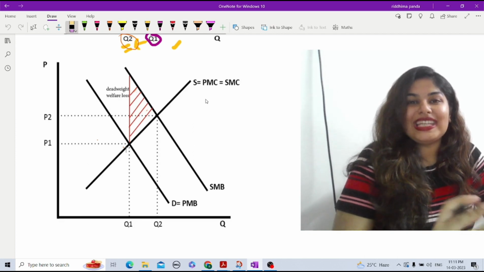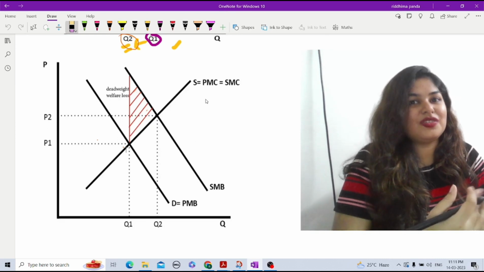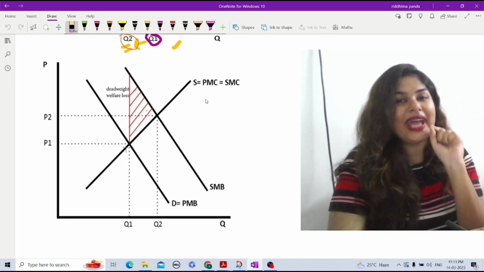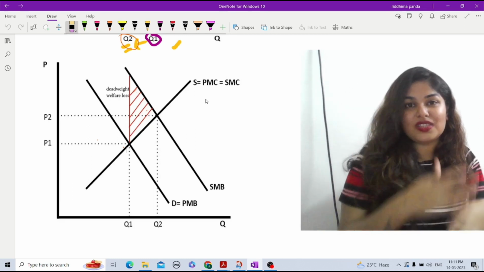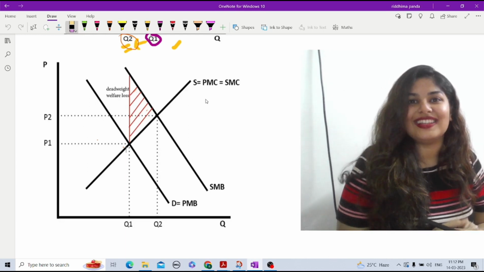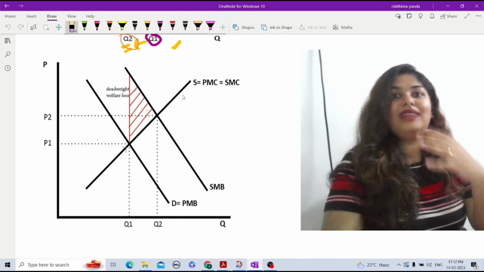If you are getting vaccinated, you yourself are going to benefit, but you are also stopping the disease from spreading in the society, so you are helping the society. So this is positive externality. In this type we ignore that effect.